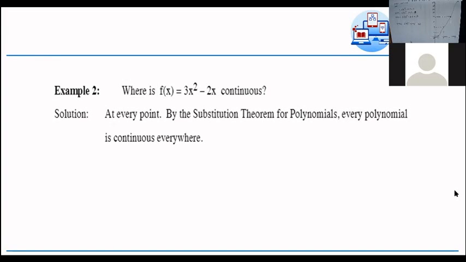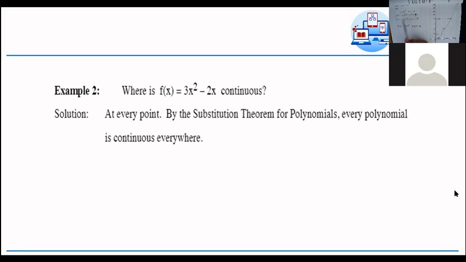So, dito, this is our function. Function of x equal to 3x squared minus 2x. If we're going to assume that a is equal to 1, so substitute natin. 3 times 1 squared minus 2 times 1, 1 squared is 1 times 3 is 3, minus 2 is 1.